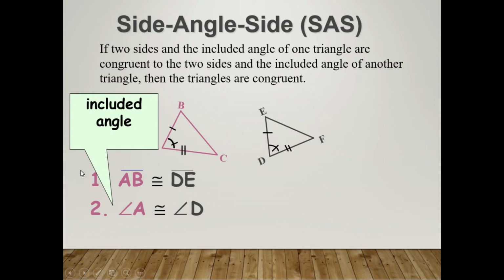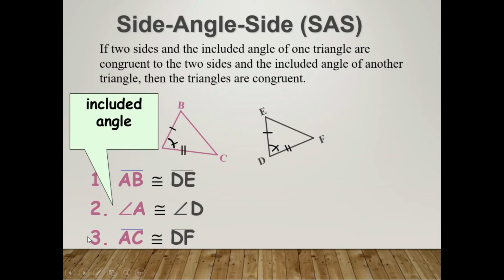Then, for the last information that we need, we have line segment AC is congruent to line segment DF. Now, for numbers 1 to 3 given, notice that the first given is for side, which are congruent. Then, for number 2, we name the angles that are congruent.